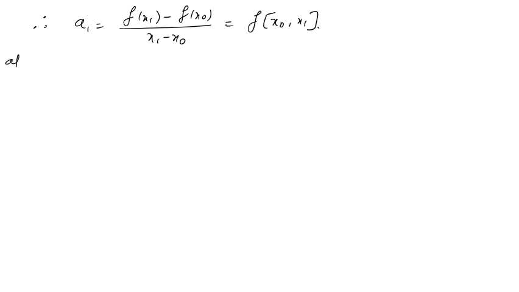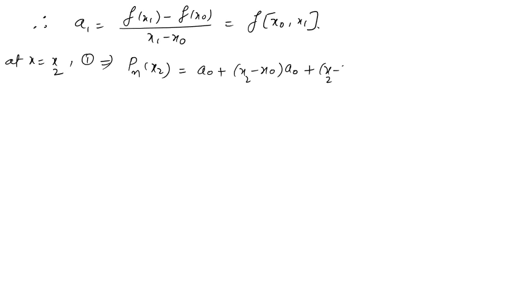Now at x equal to x2, equation 1 implies Pn of x2 equals a0 plus (x2 minus x0) a1 plus (x2 minus x0)(x2 minus x1) a2. Remaining all other terms will be 0.